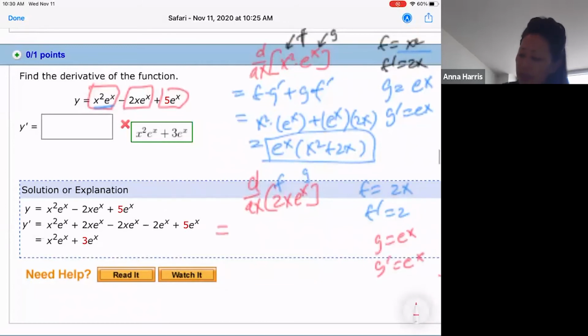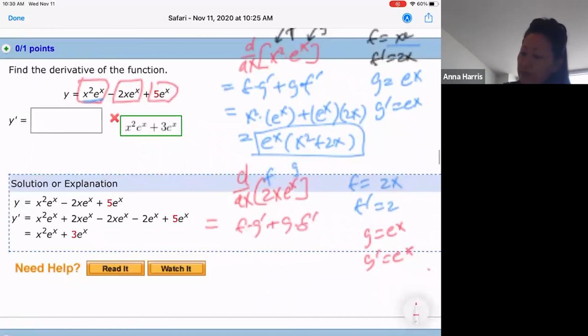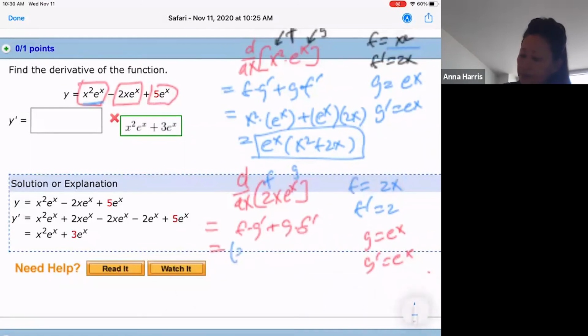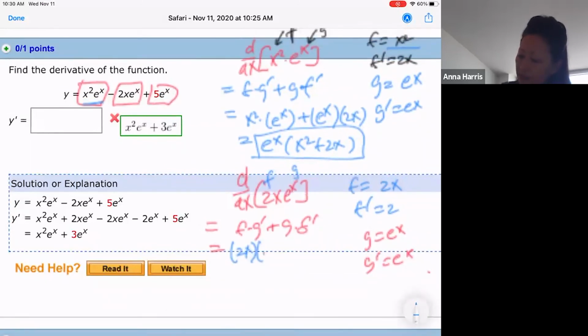So plug back in here, f times g prime plus g times f prime. So you have 2x times e to the x plus e to the x times 2. So we're done.